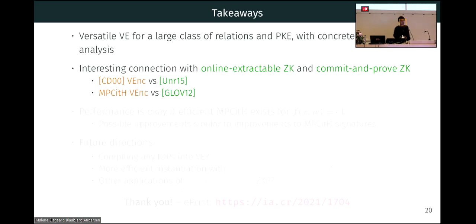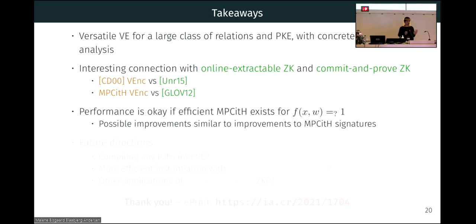For example, some early constructions of verifiable encryption look somewhat similar to the transform that achieves online extractability for zero-knowledge proofs. Or you could see the MPC-in-the-Head based verifiable encryption as some type of commit-and-prove MPC-in-the-Head protocols. Although the details are a bit different, the ideas and the motivations are somewhat similar. So there seems to be some interesting connection between those notions.